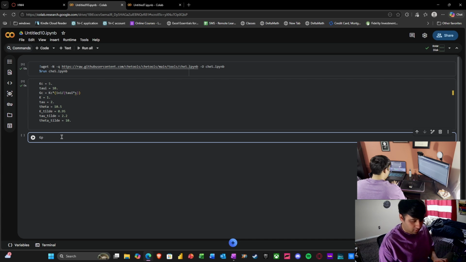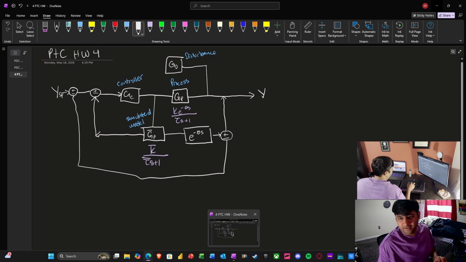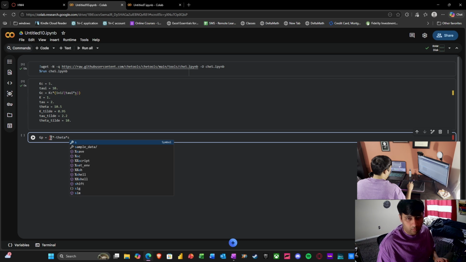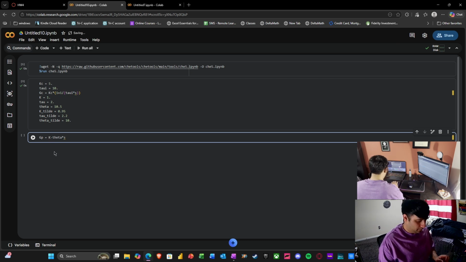So let's start with defining our GP, which we've already done with our process and our G bar P. So we just have K times EXP of negative theta times s, divided by tau times s plus 1.